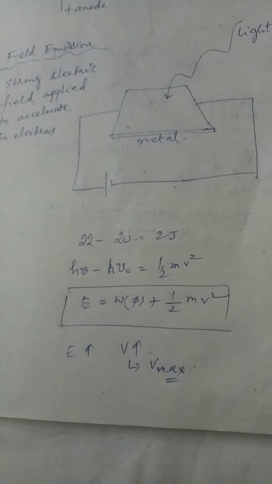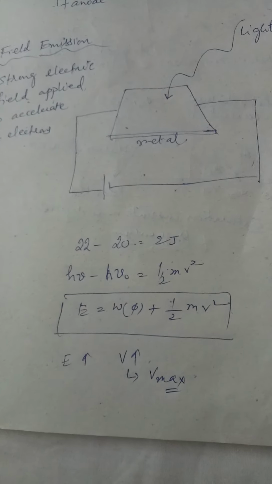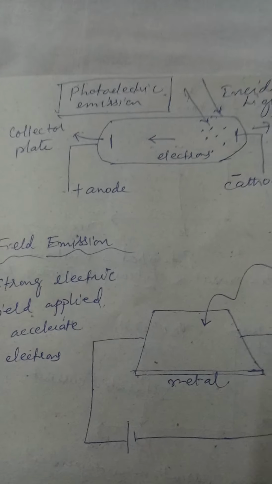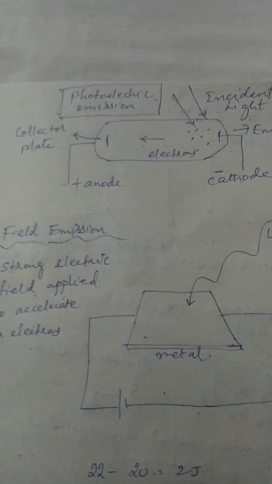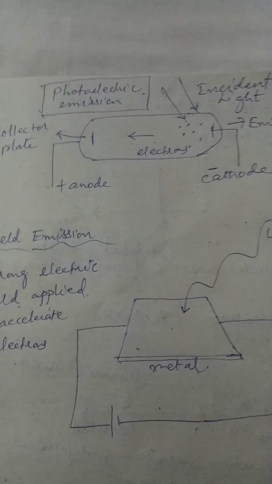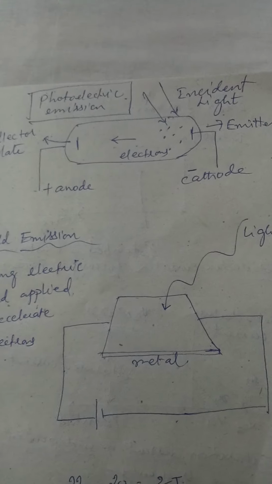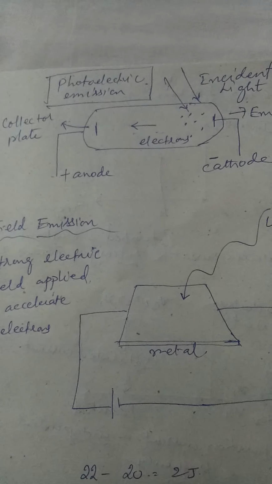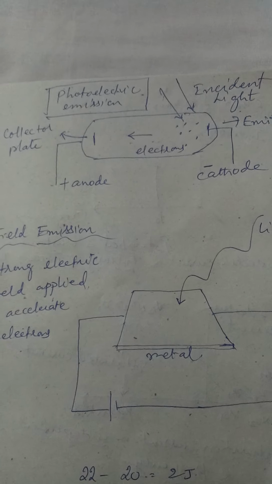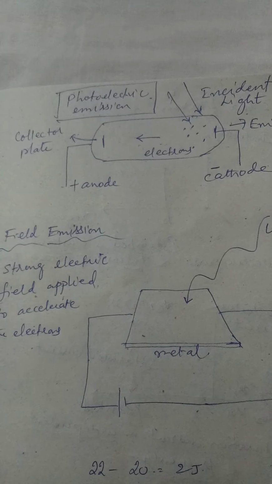So energy is increased, velocity is gradually increased, and it attains the maximum velocity. Now let us discuss the important point that using photoelectric emission, you provided an incident light. The energy associated with the incident light is more than the work function. The electrons were knocked off from the charged conductor and they started moving and gained kinetic energy.